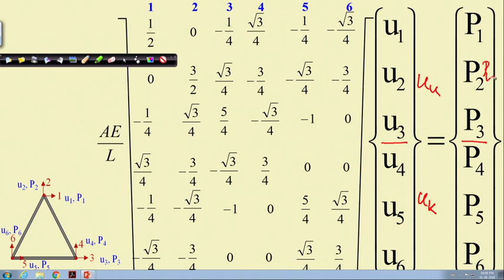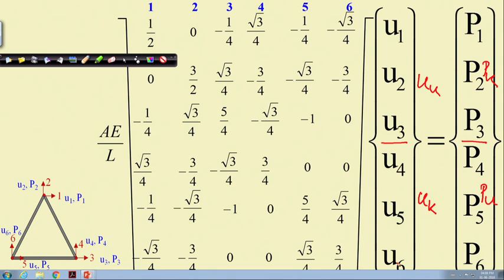In this case it is a coincidence that the first 3 degrees of freedom are unknown and the last 3 are known.